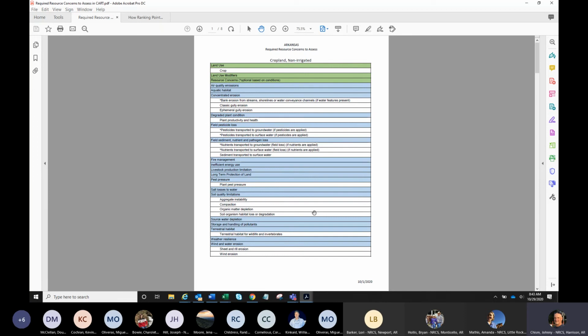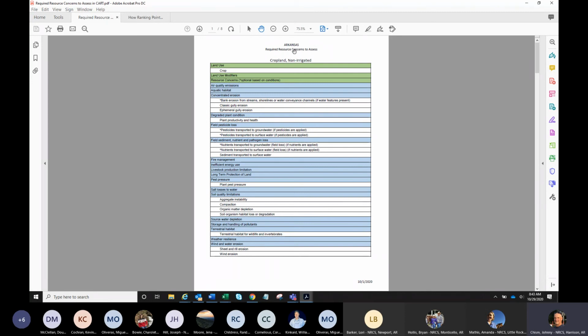So you're not answering any more questions. All you got to do is say, yes, I want to assess wind erosion. It doesn't take any more time because CART does it automatically with the same question that you answer for water erosion. So why wouldn't you assess wind erosion?